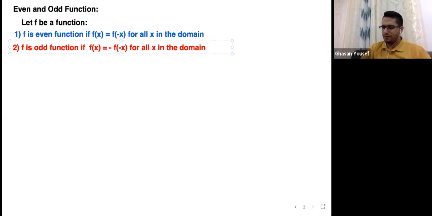So my example, suppose the function. So here, example.